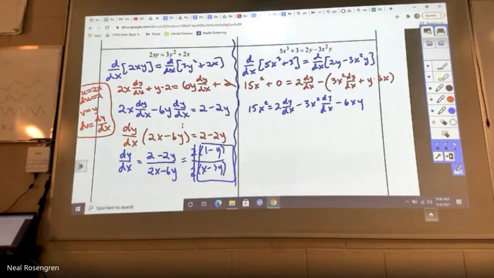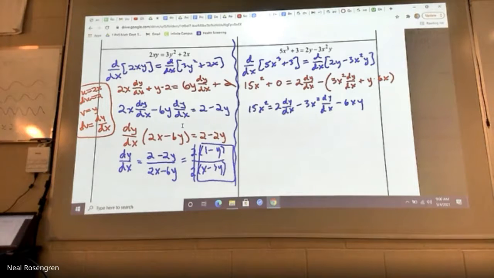Make sure you get to here for me, 3 lines in, before you start solving for dy/dx. I don't want you to make a mistake early and then it just compounds itself the rest of the way.